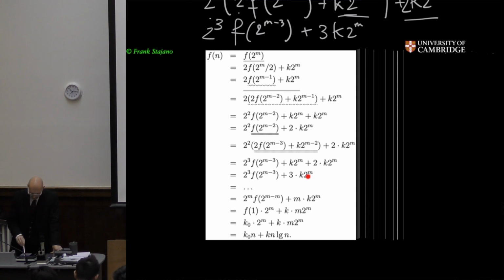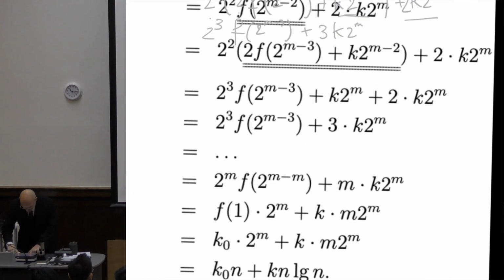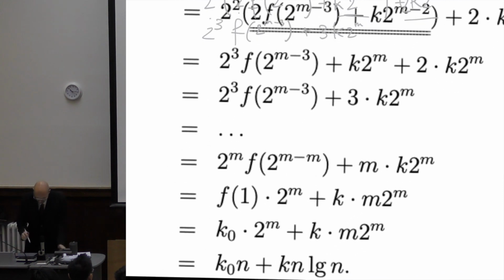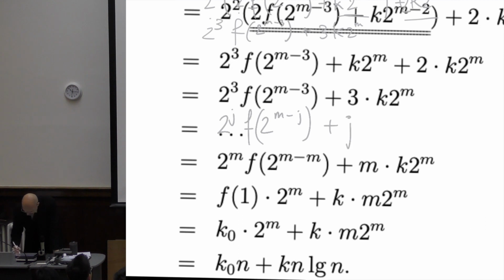And if I generalize, I can say 2 to the some other letter, let's say j, 2 to the j, f, 2 to the m minus j. Plus j times k to the m.